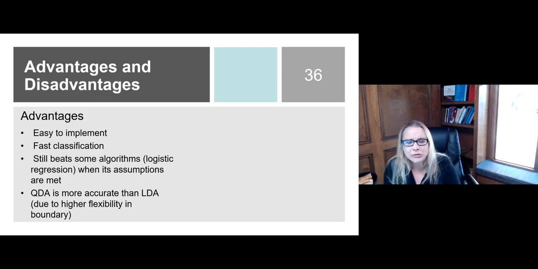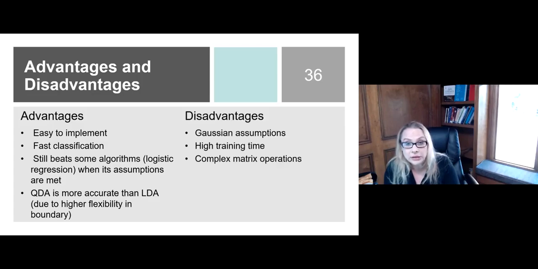And then quadratic discriminant analysis is much more accurate than linear discriminant analysis because you have higher flexibility and you can draw different boundaries other than just a linear separation. So you can try to use quadratic discriminant analysis, but you're going to need more observations to do it, so make sure you have plenty of observations.